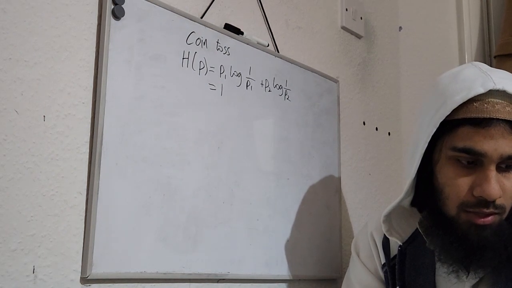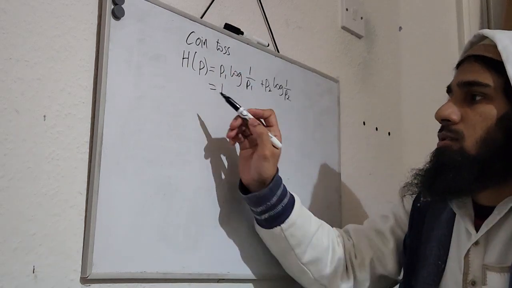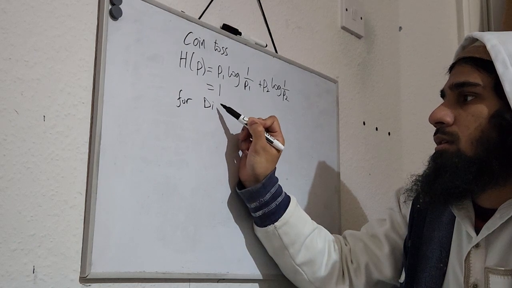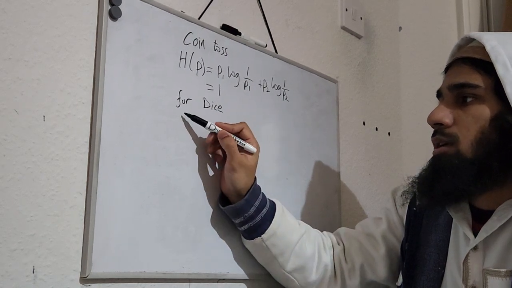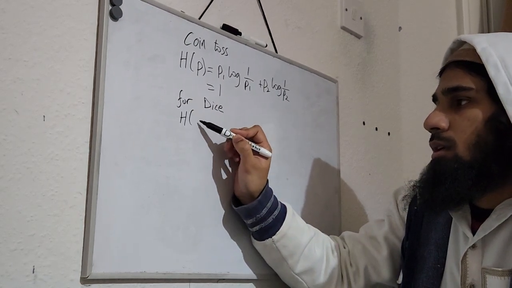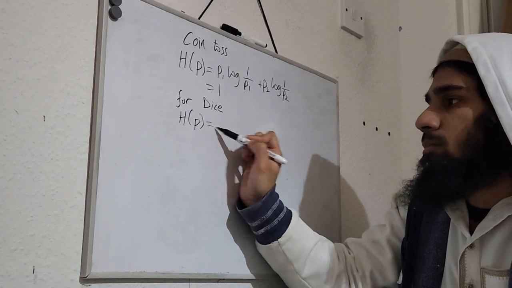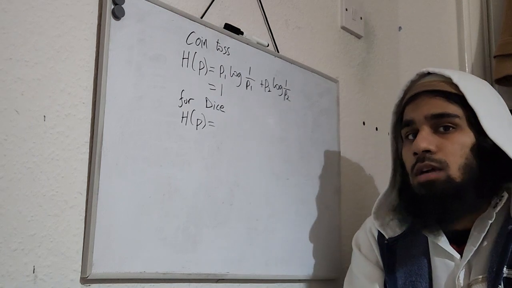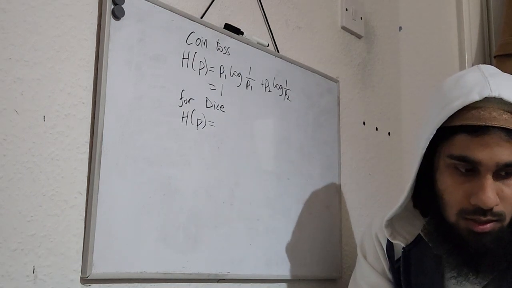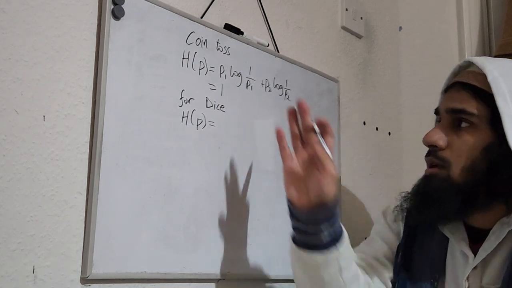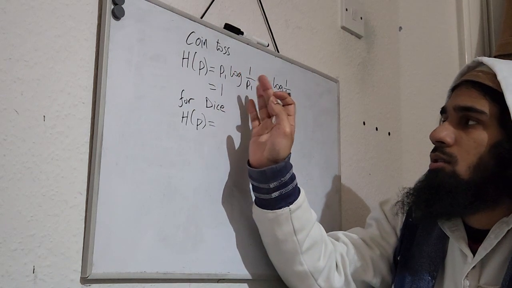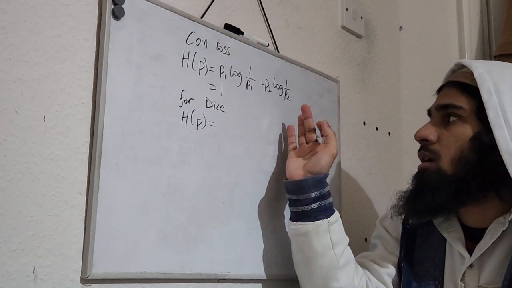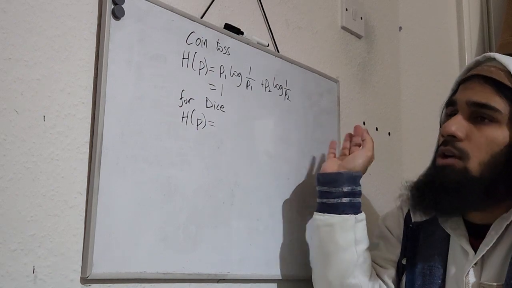You can do that for a dice as well. For a dice, the entropy, the probability for each outcome is the same. It's 1 over 6. So you would have 1 over 6 log 6 plus 1 over 6 log 6 plus all of that, and then you add it together.